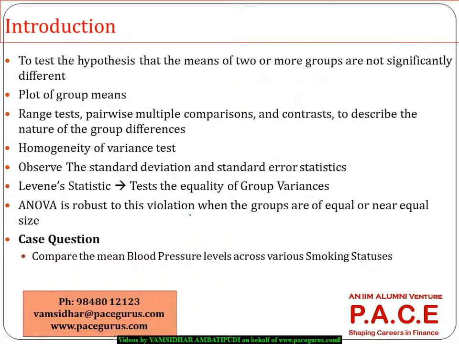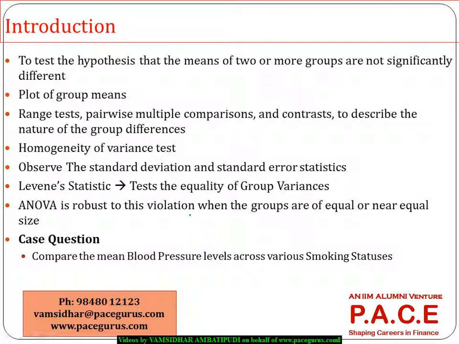It's better for me to check this, because one of the major assumptions of this model is that the variances across the various groups of data are more or less equal.